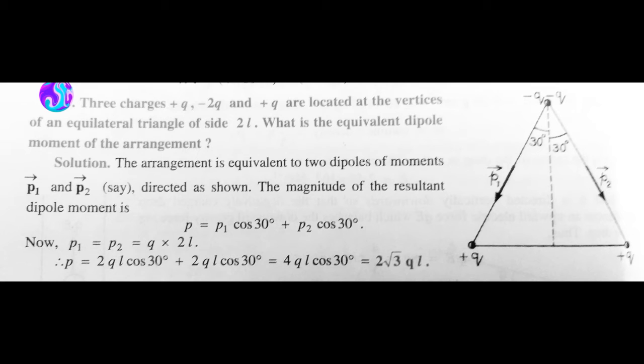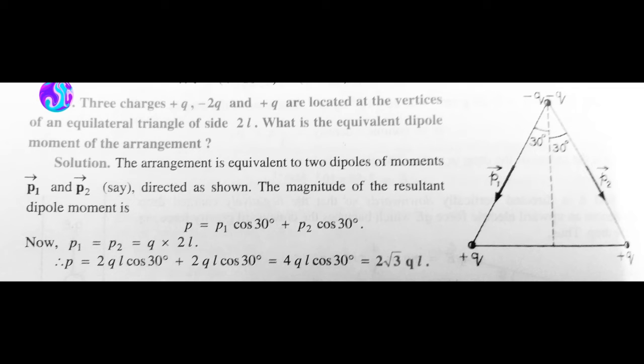So we have two dipole moments, P1 and P2, making an angle of 60 degrees because it's an equilateral triangle. The side is 2L, so the length of the dipole is also 2L. For the net dipole moment, you can use the concept of resolution of vectors.